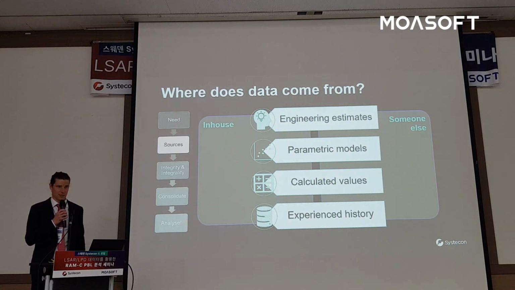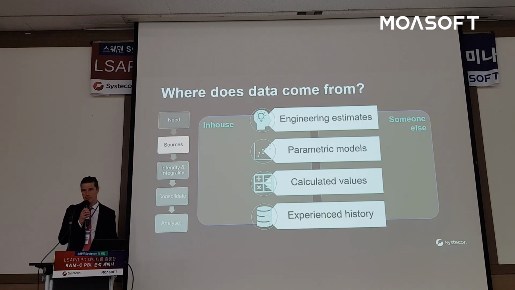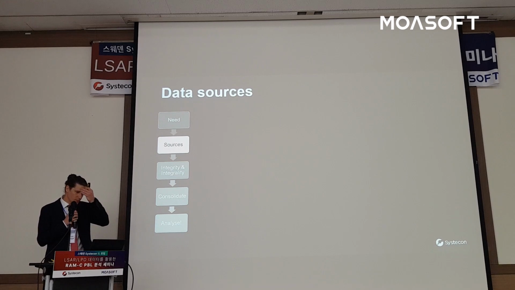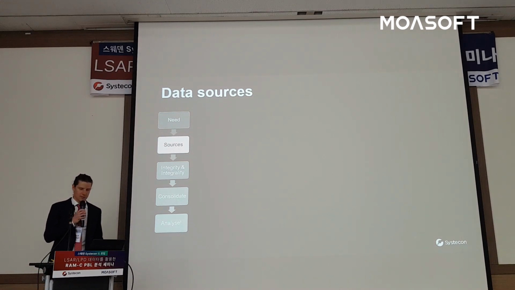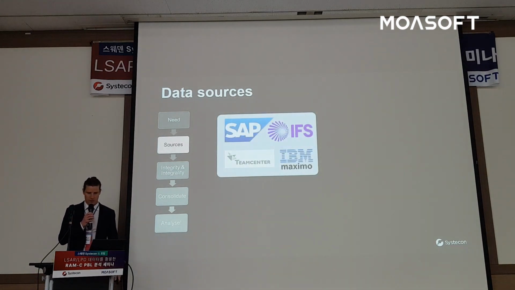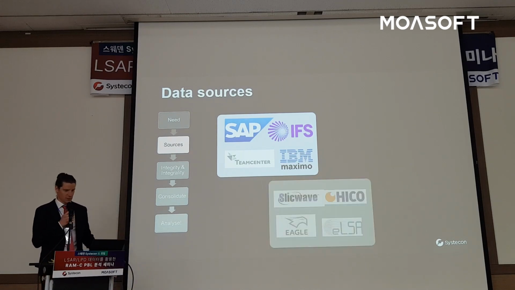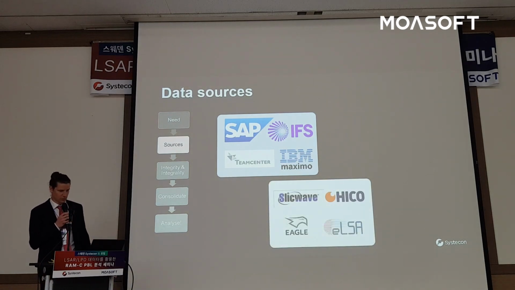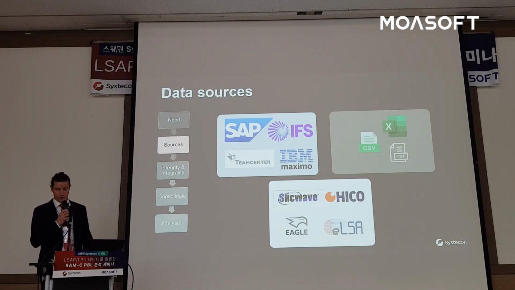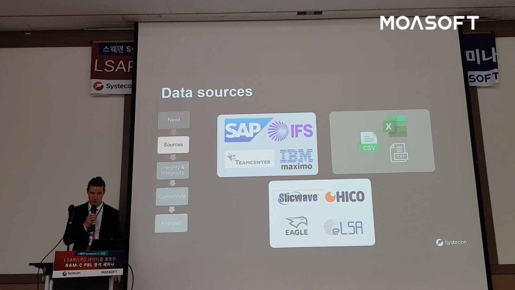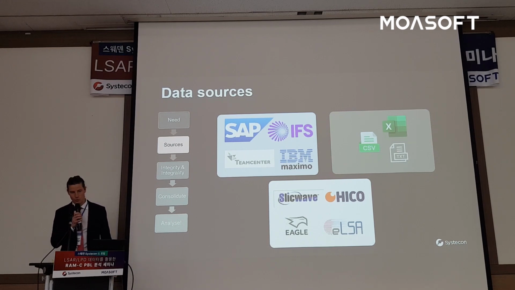But again, depending on your need and the analysis you want to do, you need different types of data. And they can be stored, of course, as Oscar started talking about before as well, in different ERP systems. We talk about LSA tools or homegrown solutions with Excel or text files or anything. So there are many different data sources, but the important part is to know where the data is stored to start with.